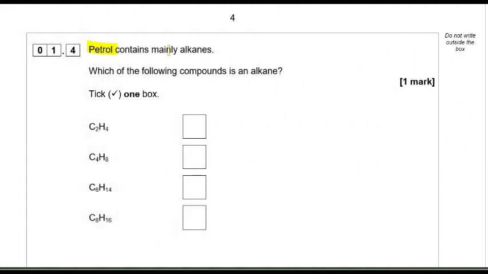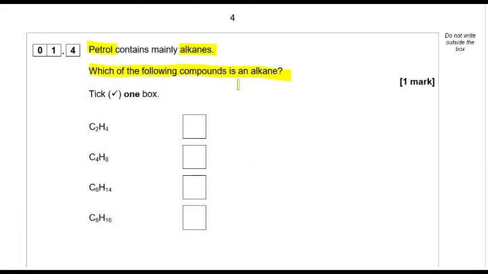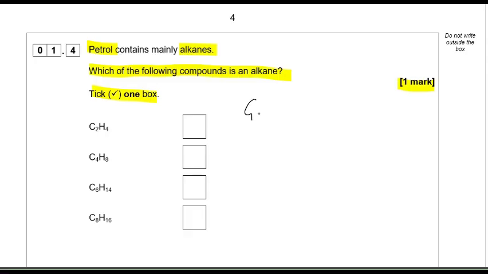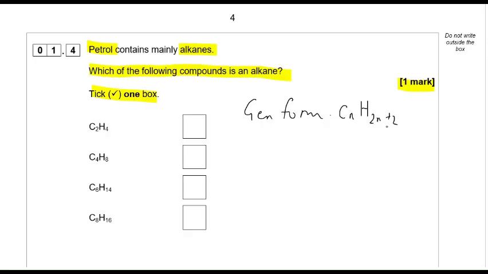Question 1.4. Petrol contains many alkanes. Which of the following compounds is an alkane? Tick 1 box for 1 mark. So let's look at the generic formula for alkanes. We know that is CnH2n+2. So all we have to do is apply that to our 4 choices. The first one, C2H4, 2 plus 2 is 4.